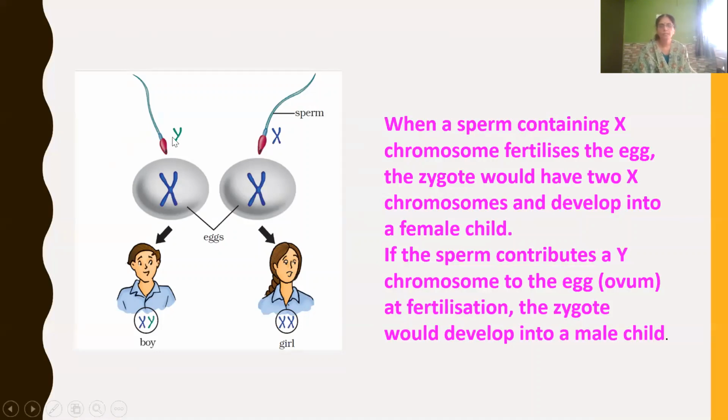On the other hand, if the sperm contains a Y chromosome and fuses with the egg that has an X chromosome, it results in the formation of XY, X from the egg and Y from the sperm. That is, the zygote would develop into a male child. This way, the sex of the baby is determined.